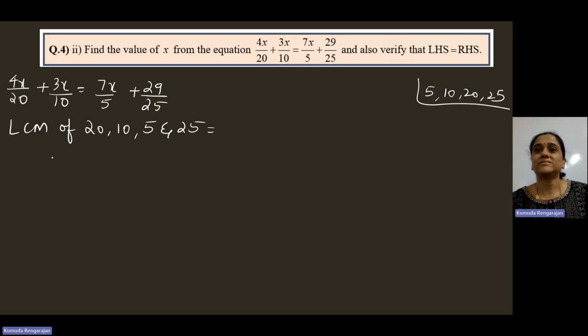What's the LCM of all the numbers in the denominator? What is the LCM of the denominators of all the terms in the equation? 100.